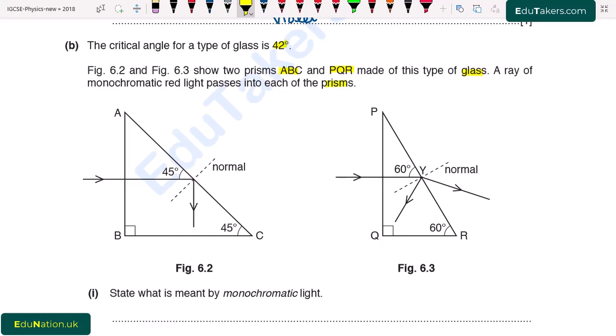So here is figure 6.2, and we can see that a ray of light is incident on the face AC, and then it reflects in a downward direction. But in figure 6.3 we can see that a ray of light falls on the face PR, and there will be bending, that is refraction, and also reflection.